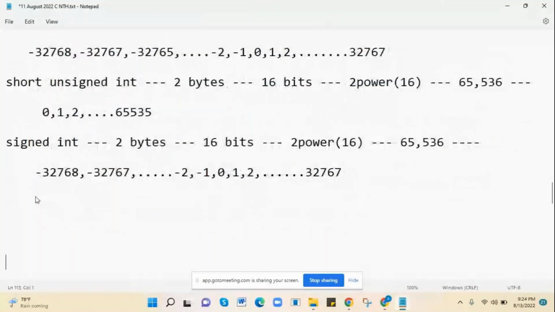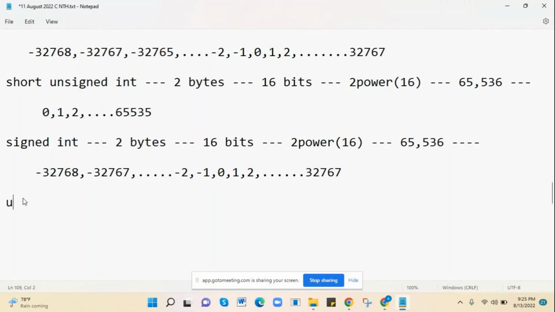So this is about signed int. Short unsigned int and signed int both have the same memory, 2 bytes. But short unsigned int doesn't have negative values, so it starts from 0, whereas signed int has negative values. Half of them are negative values, half of them are positive values, including 0.